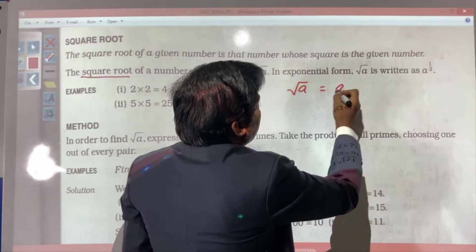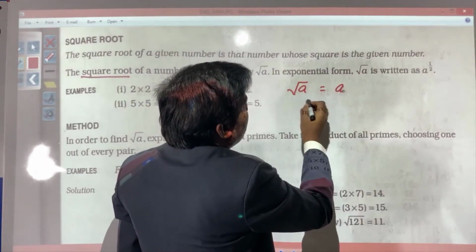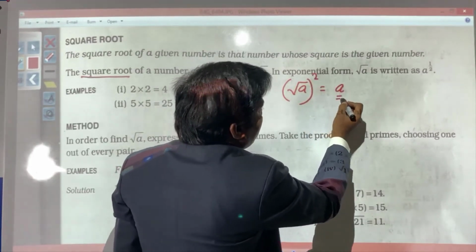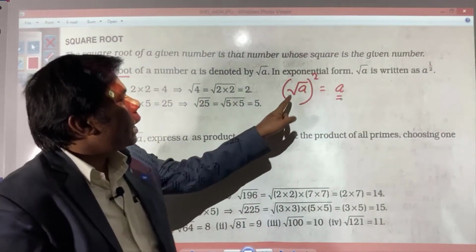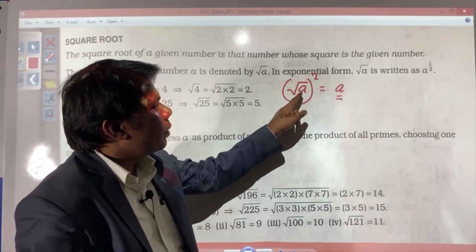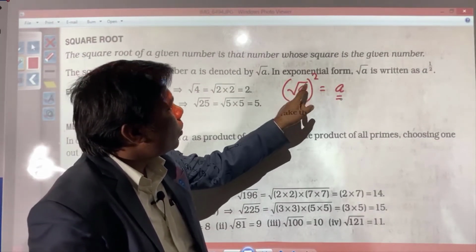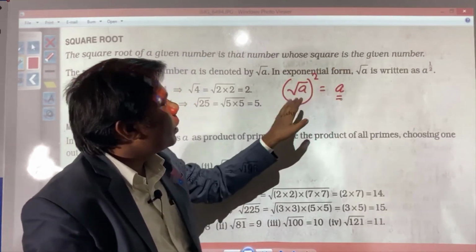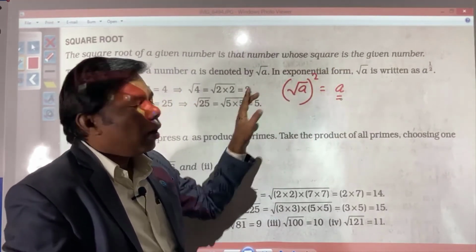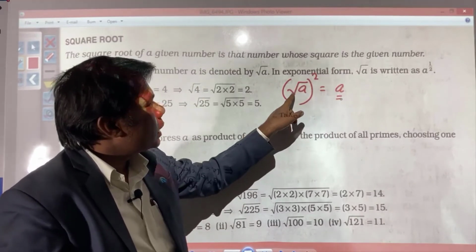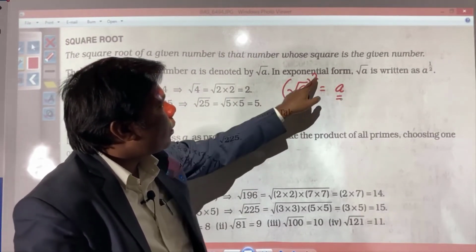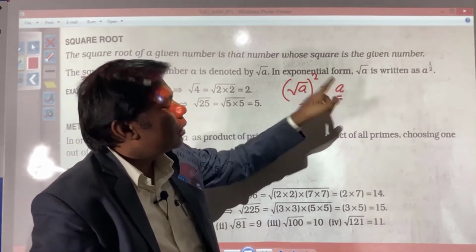Suppose this will be equal to what? Root a squared, you will get a. Means square root of a, and then you are squaring it, then you will get the given number a.